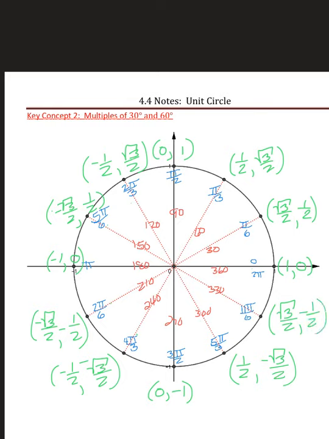In every single one of these cases, the x-coordinate is the cosine of the angle, and the y-coordinate is the sine of the angle. And all of these values are exact.